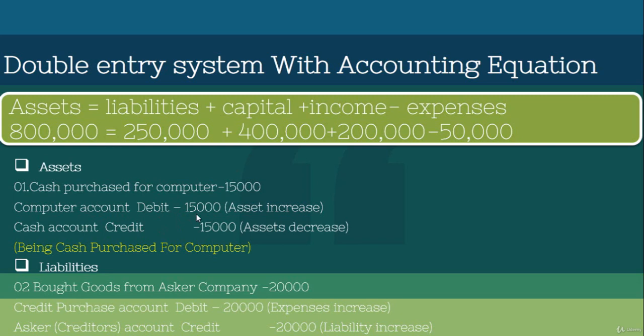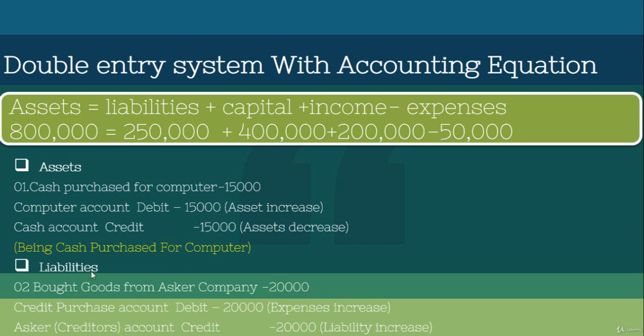If we purchase a computer and give cash, the computer, which is an asset, increases, and cash, also an asset, decreases. Computer asset increase means computer account debit, cash asset decrease means cash account credit. The narration is cash purchase for the computer.